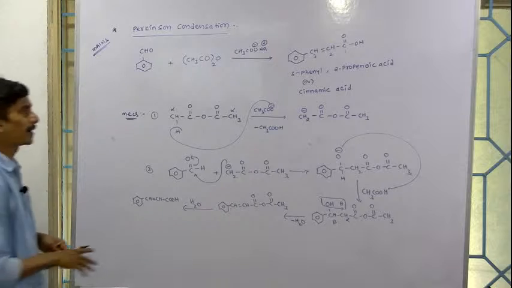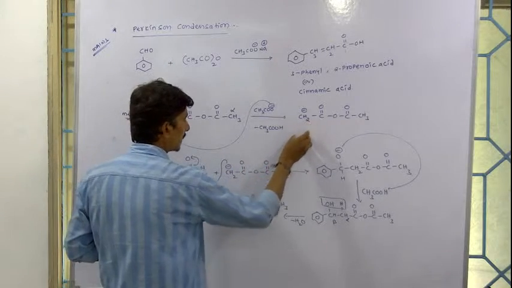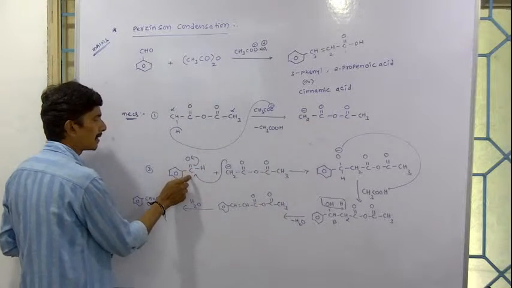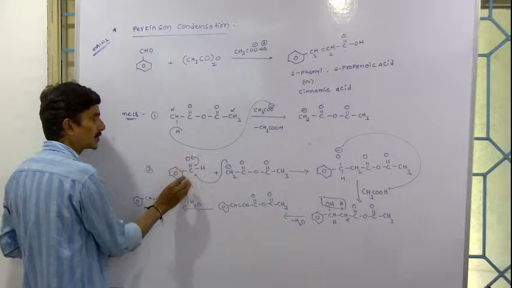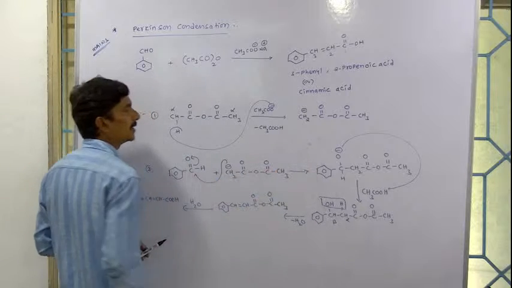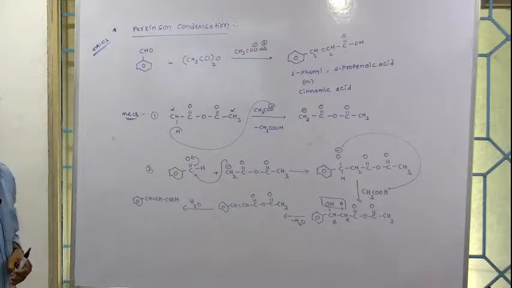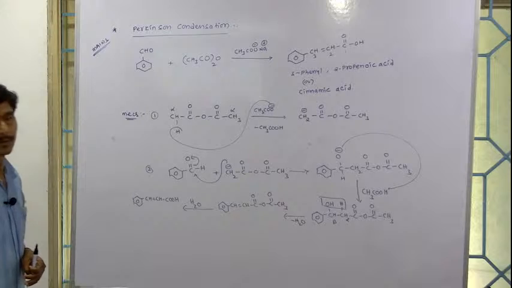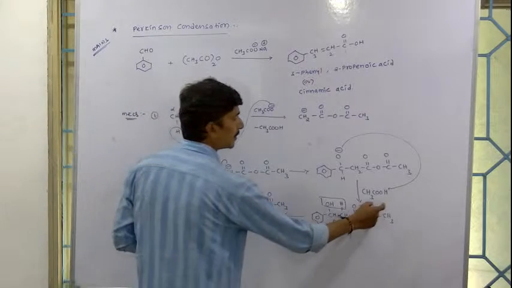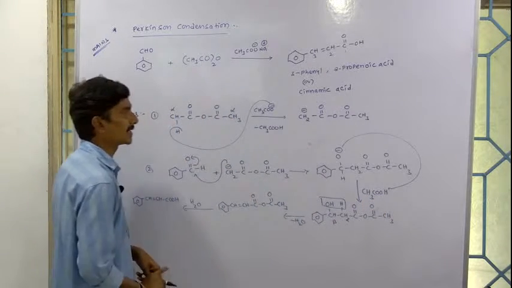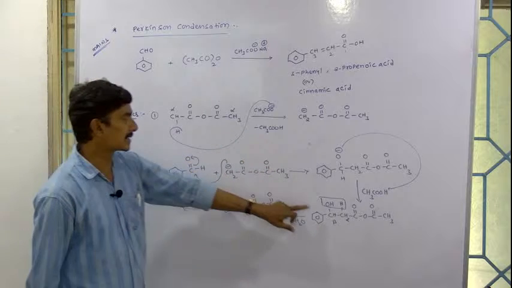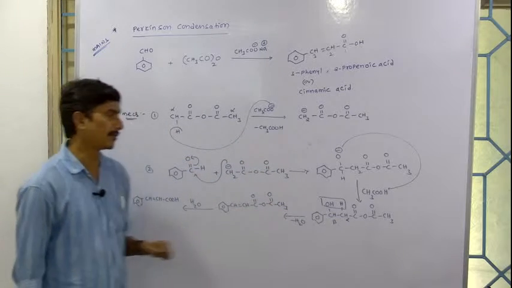Whatever carbanion is formed in this case will attack the carbonyl carbon atom of benzaldehyde and form the addition product, which again gets protonated by the acetic acid present in the solution to form the beta hydroxy derivative.